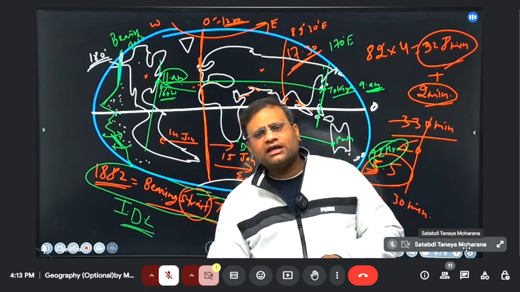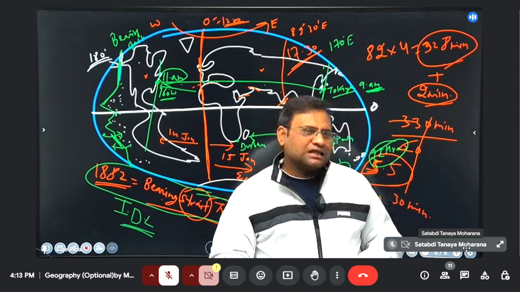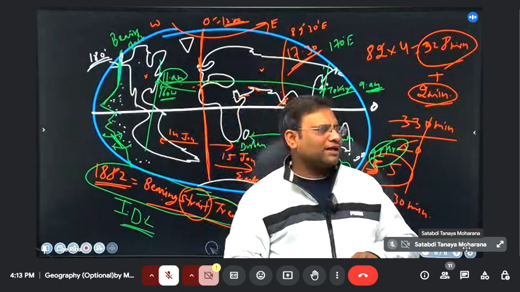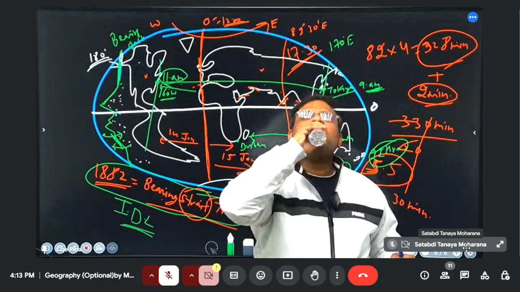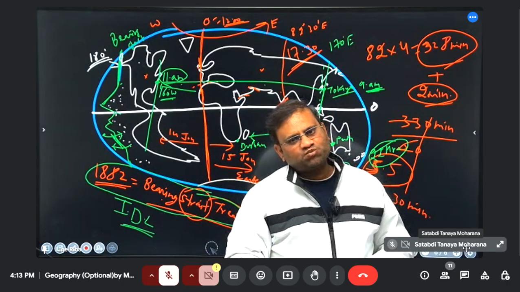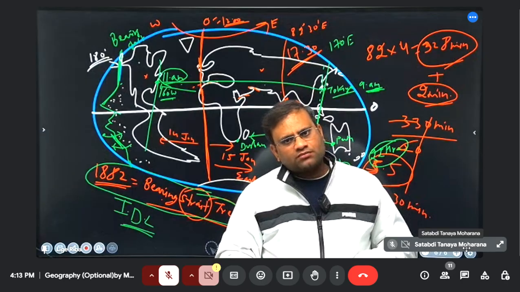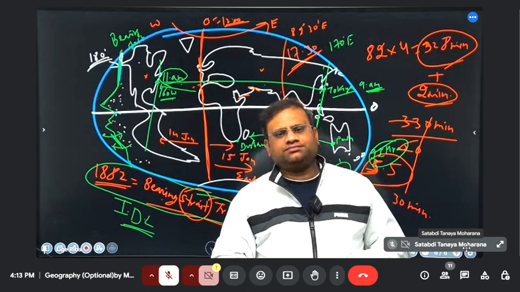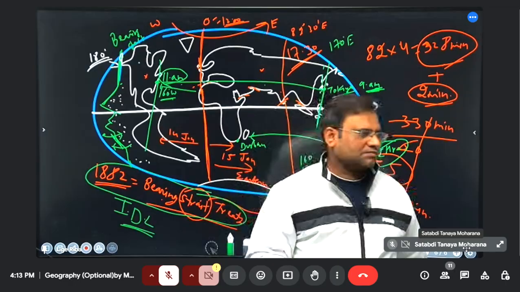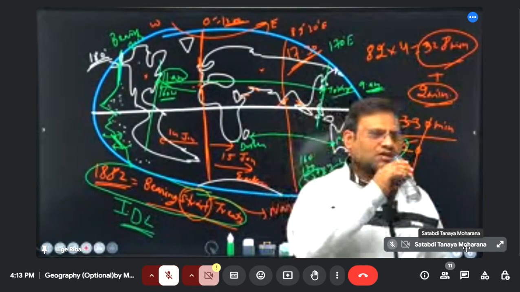Write down the options. Option A: sun is overhead. Second: sun passes towards west usually, means with the same pace.